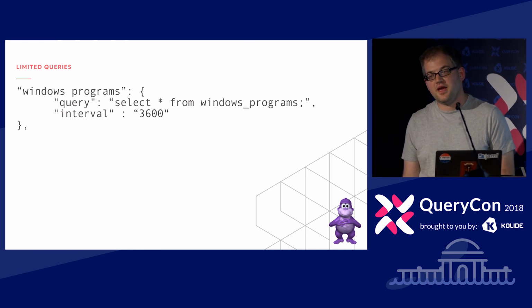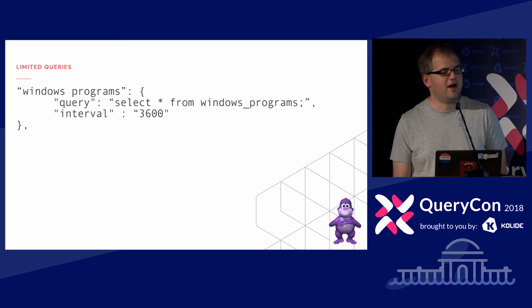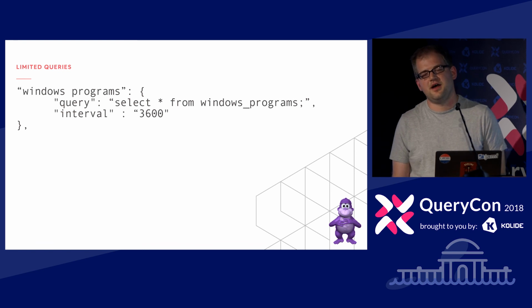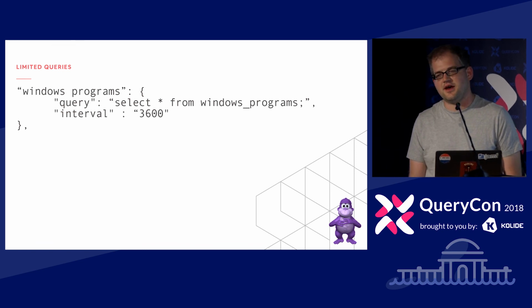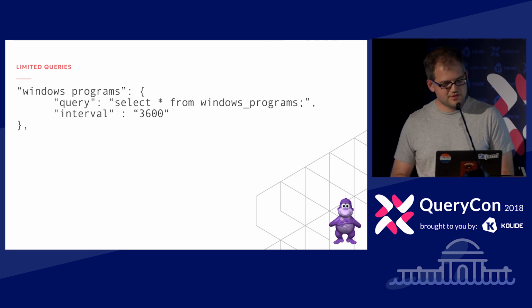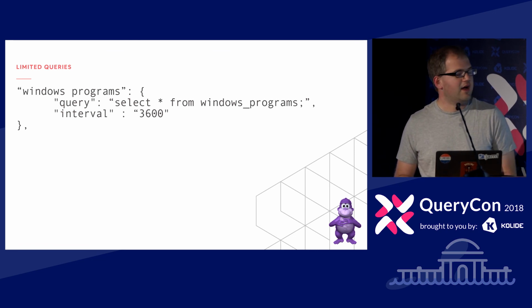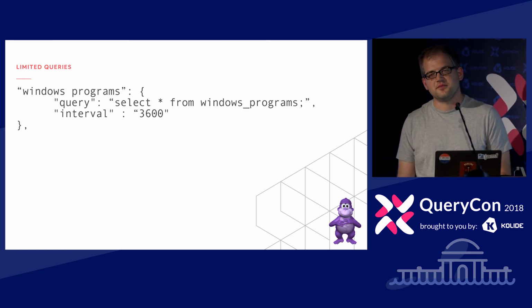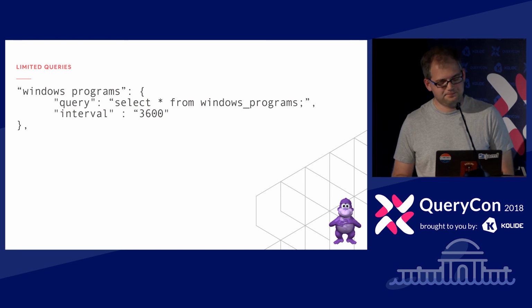And we also need to wait until this query has been pushed out by our configuration management tool or by our TLS server. It has to be run, and then we can find the data out. If we're just continuously running a query that gets our Windows programs, we're going to be sending that data up to whatever aggregation tool we have, and we can search back in the past. So history matters a lot.